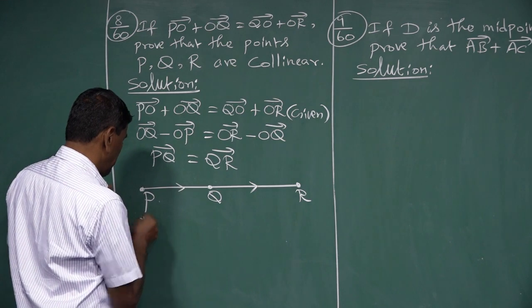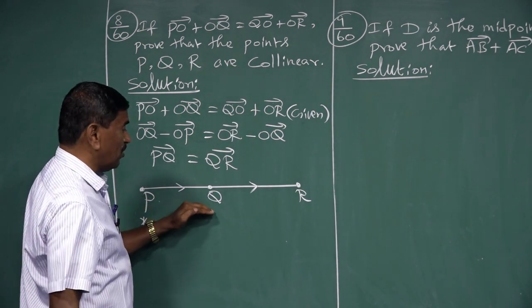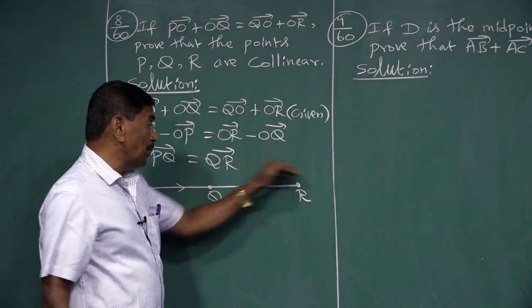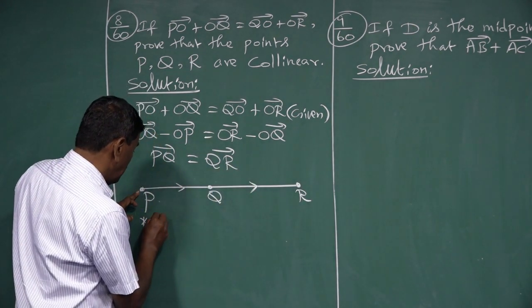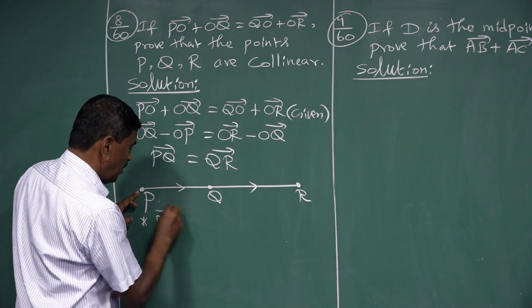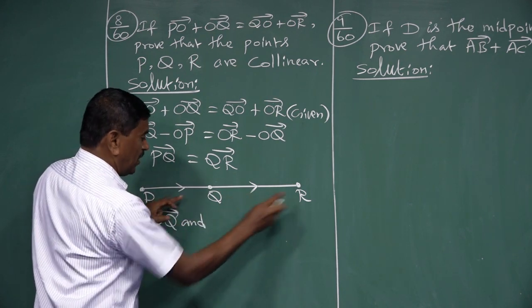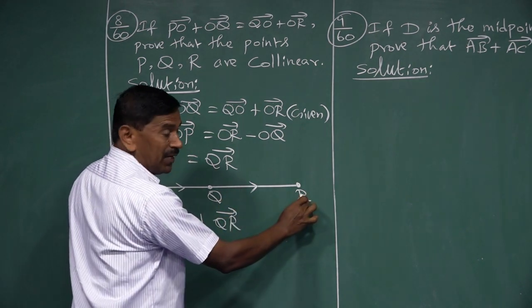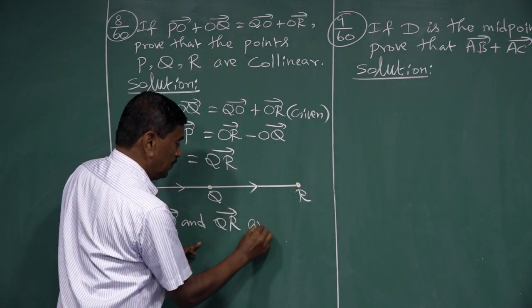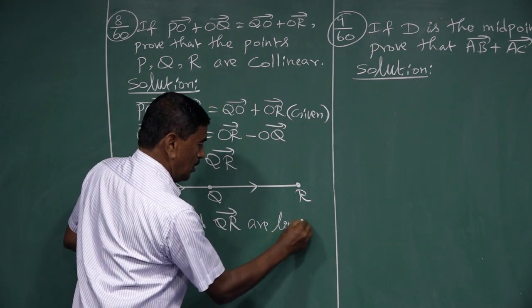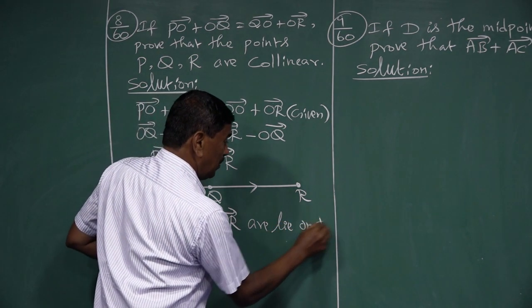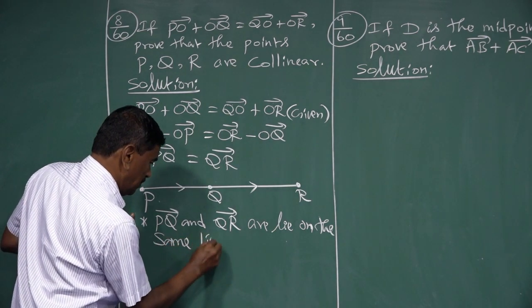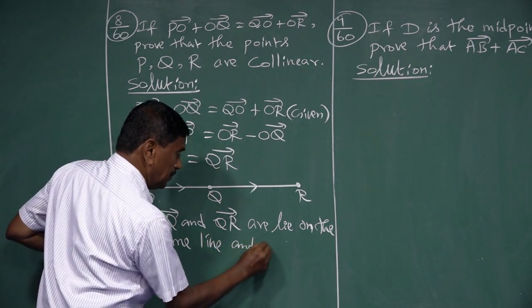Listen, step 1. Step 1 is here PQ vector and the QR vector lie on the same line and in the same direction.